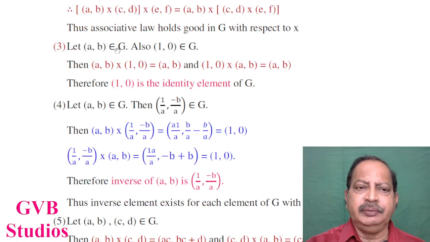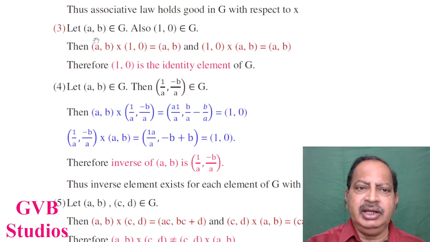Next, we go to the identity element property. Let us take any element (a, b) in the set G. Also, (1, 0) belongs to G. By observation, I am taking this element (1, 0). 1 is a real number, 0 is a real number, and 1 is not equal to 0.